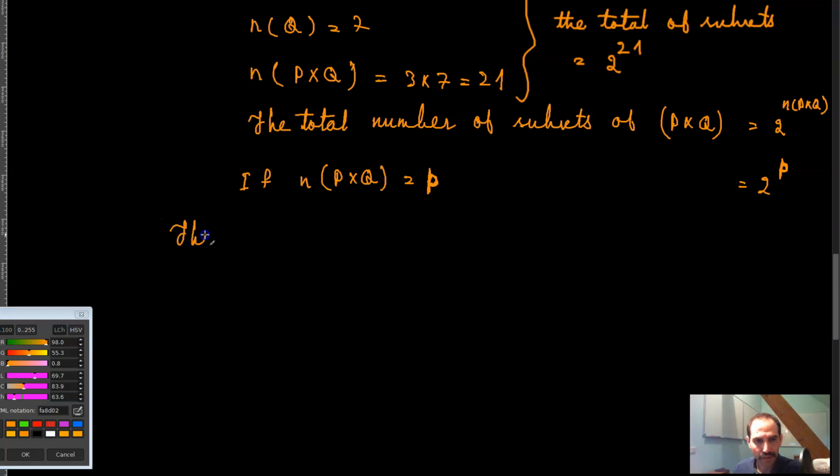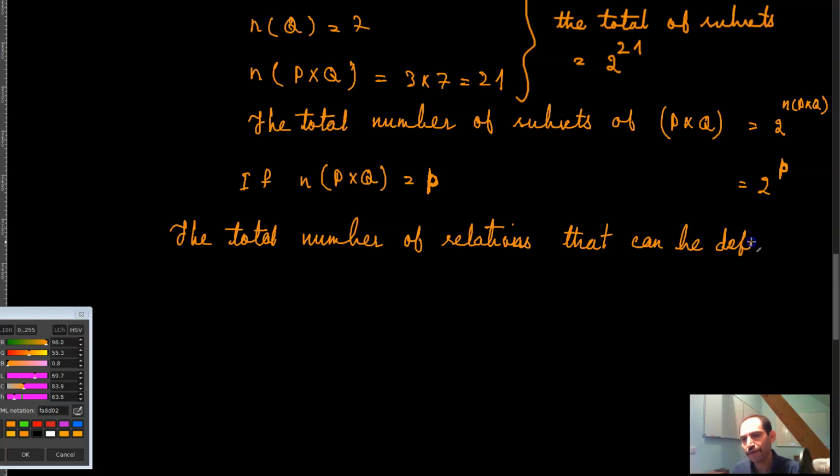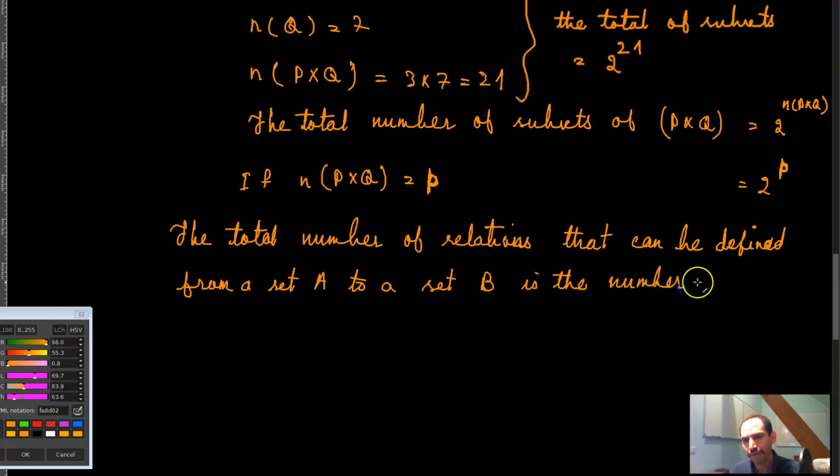So you can say that the total number of relations that can be defined from a set A to a set B is the number of possible subsets of the Cartesian product of A and B, right? So we understand what that means.